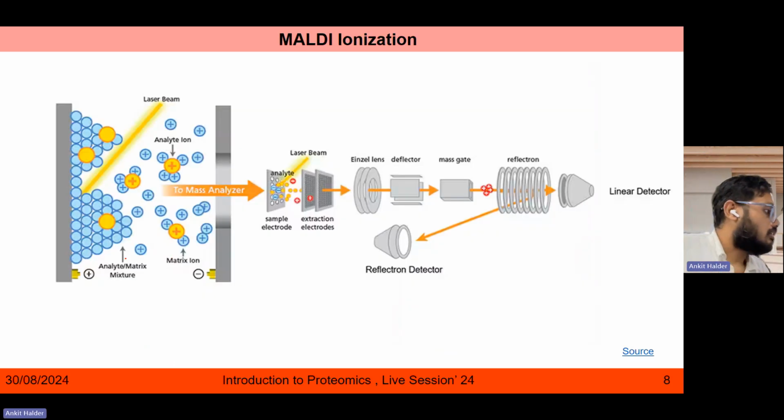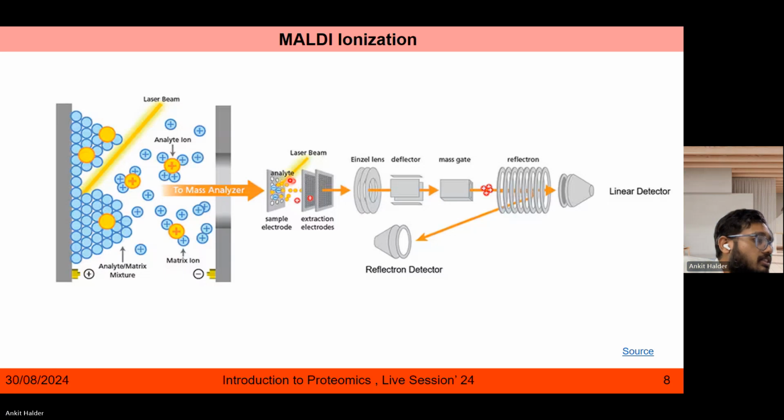So this is how it is happening, where we have the matrix and the analyte, the sample. There are analyte ions and the analyte-matrix mixture. So we will have the matrix ions and the analyte ions.